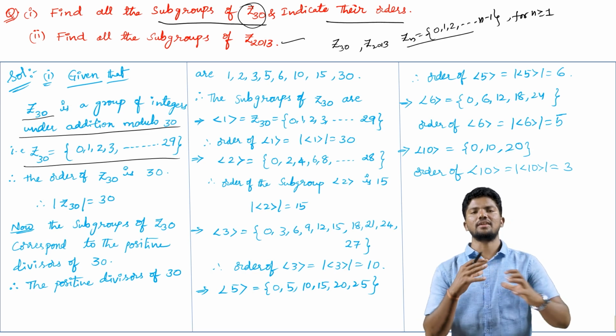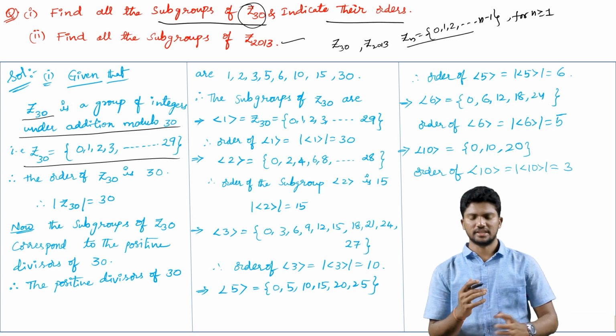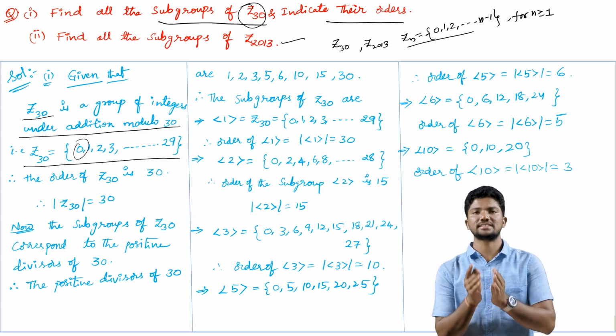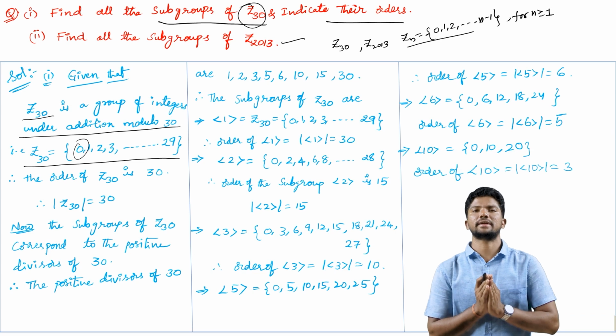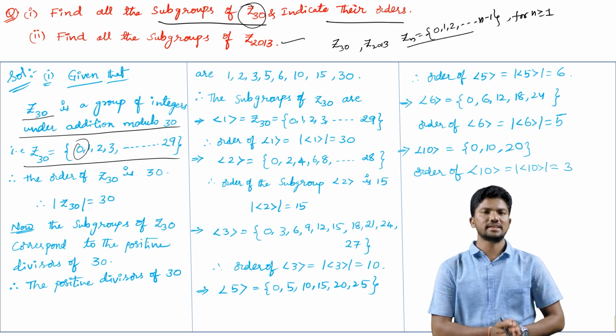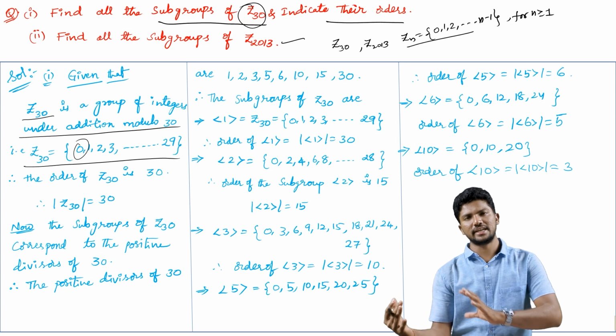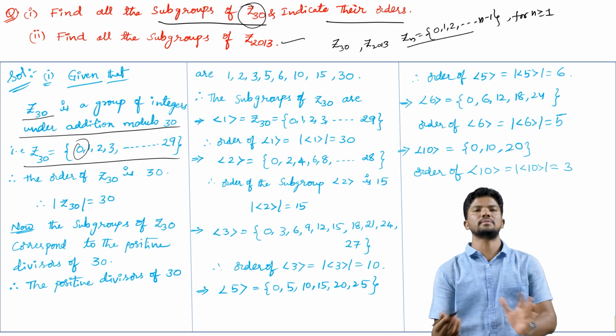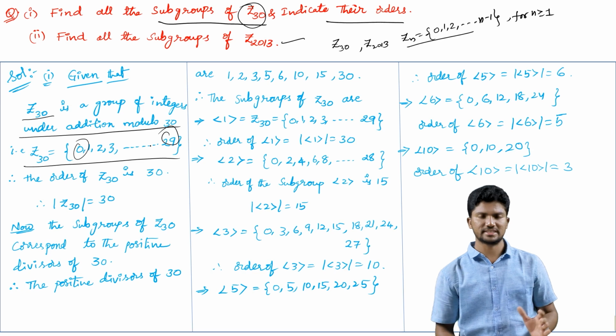This set is always defined under addition. That's why the starting element of this set is 0, because 0 is the identity element. So we start this set with 0 and the last element is n minus 1. For example, if n is equal to 30, then 30 minus 1, that is 29, is the last element.